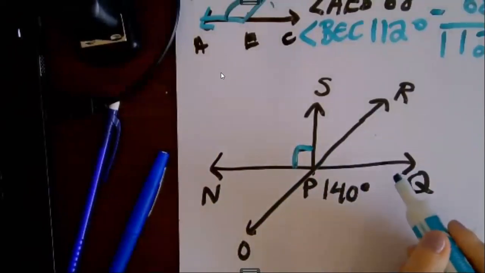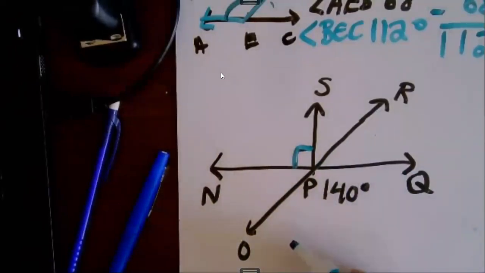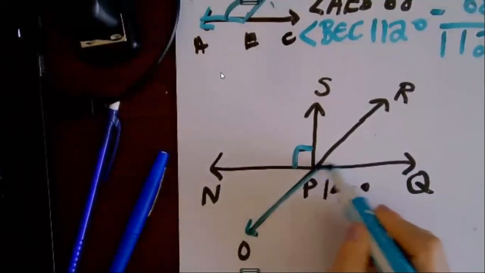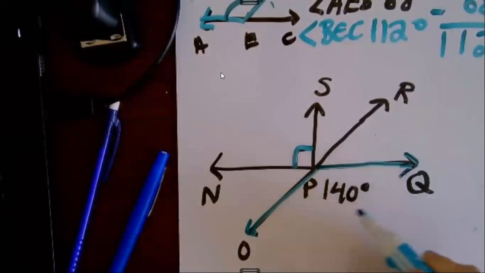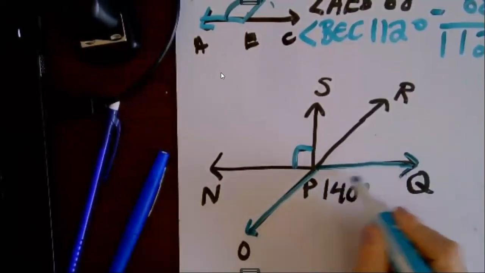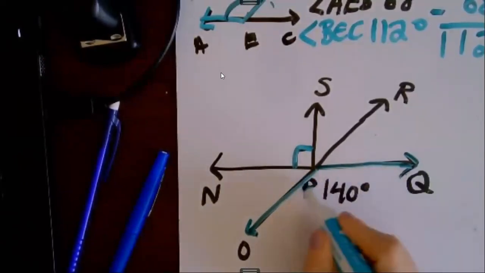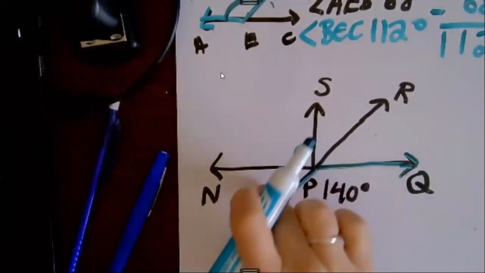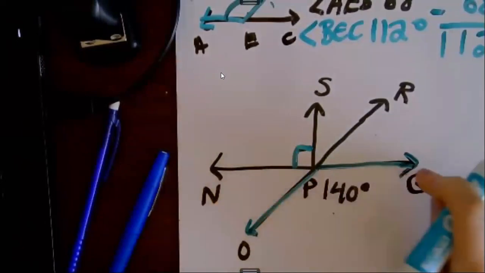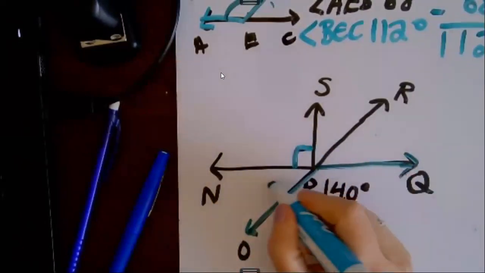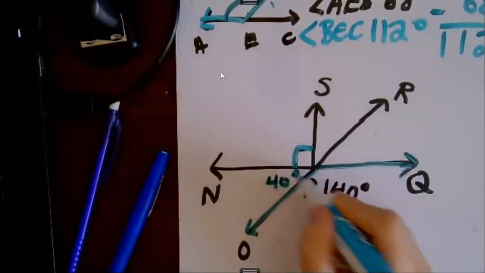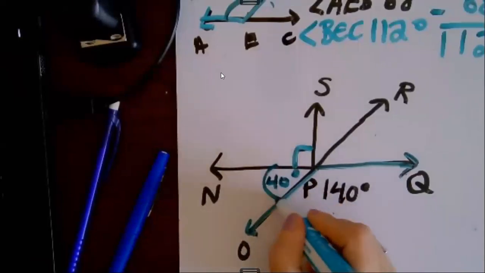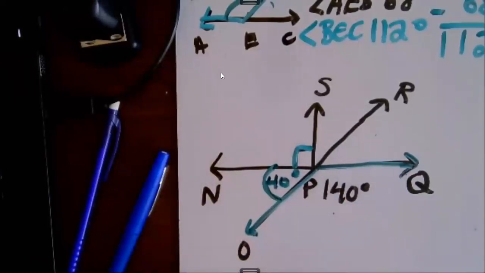Now, this is a little bit confusing about what they're giving you here. What they're giving you right here is that 140 is this angle right here. So if this is 140, and this is 180 all the way across, this means that this angle right here is 40 degrees.